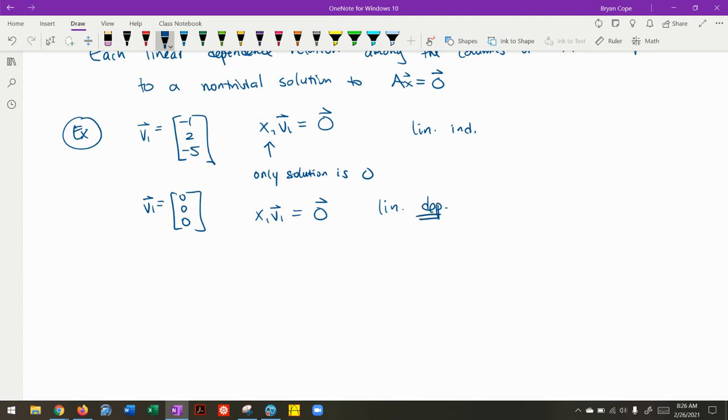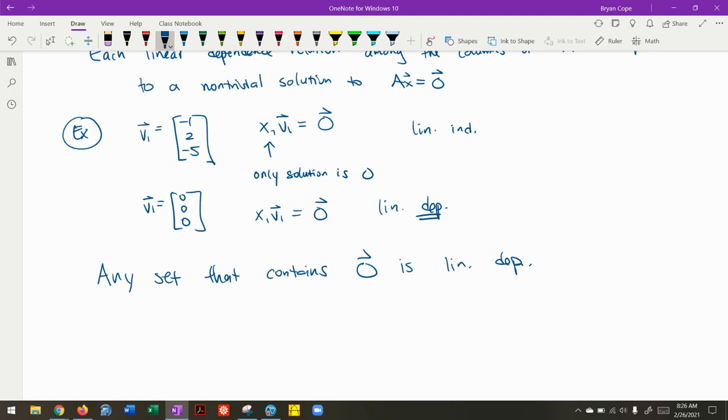And this ends up being a theorem that any set that contains the 0 vector, whether it's a single vector set or a multiple vector set, is linearly dependent. Let's write that down. Any set that contains the 0 vector is linearly dependent.